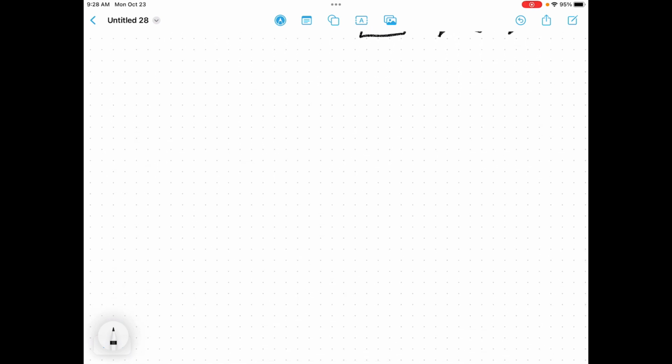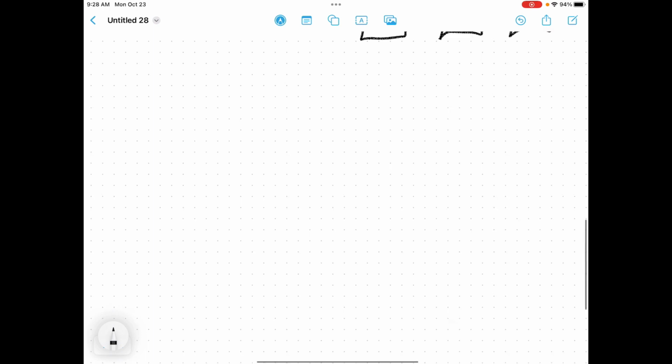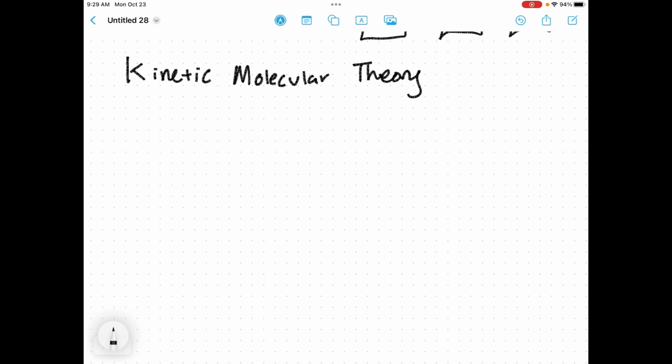So when we talk about ideal gases, there's this idea called the kinetic molecular theory of gases. Essentially what this means is there are 5 conditions that help us explain how gases behave. 5 behaviors of ideal gases.